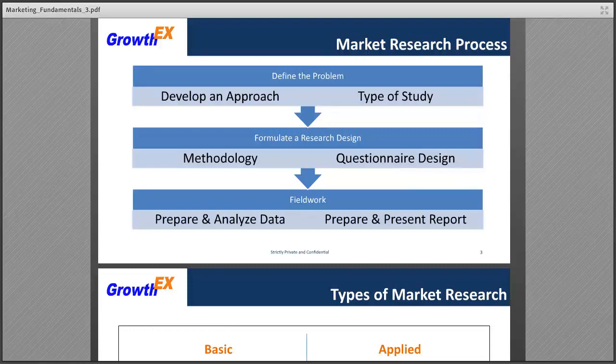So now, once I have finalized my type of study, I will go on and develop the appropriate research design which I need for the execution.